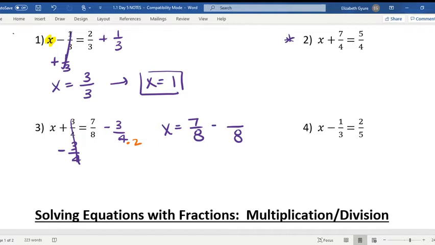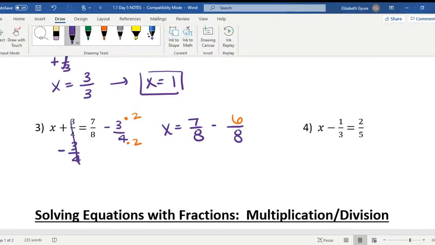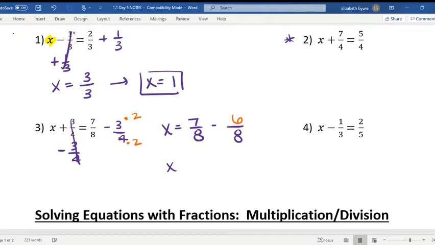So if we multiply the bottom by 2, we also need to multiply the top by 2. Good. Make it a 6. Good. And then just subtract the top numbers. 7 minus 6 is 1. So you'll have 1/8, and that cannot be reduced.